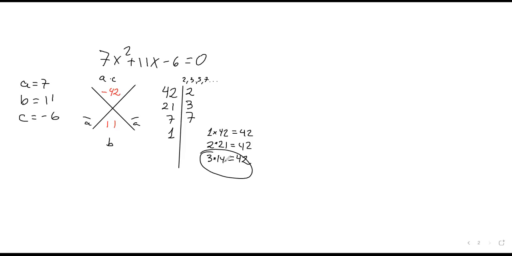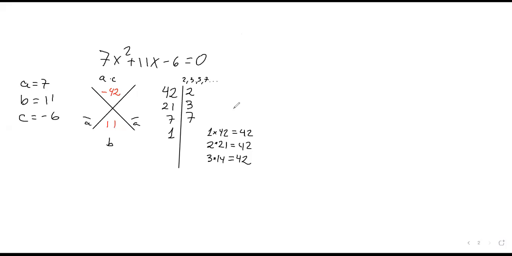It will be this one, because if we subtract them, we can have an 11. Okay, then our numbers are going to be 3 and 14. But we need to have negative 42, so one of them has to be negative, and we want to have positive 11. So then this is going to be the negative.